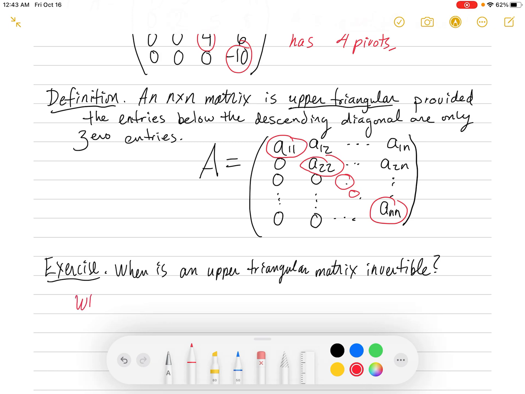So when is an upper triangular matrix invertible? When its diagonal entries are non-zero.